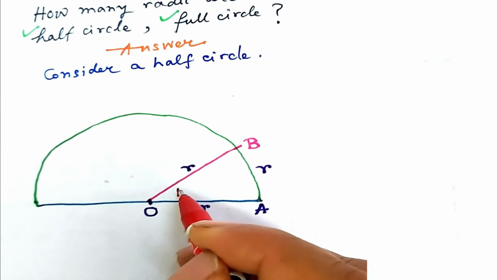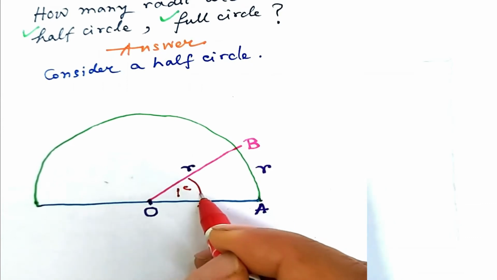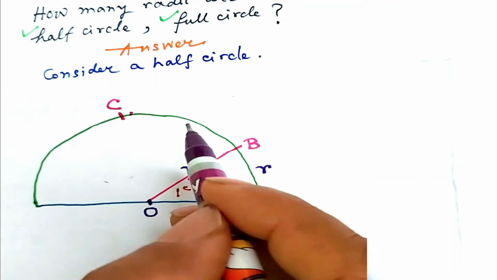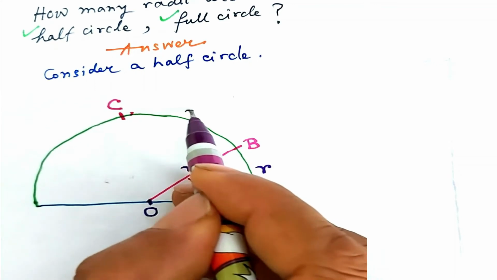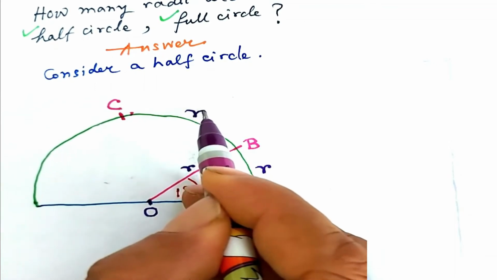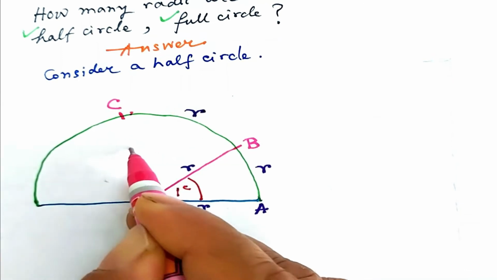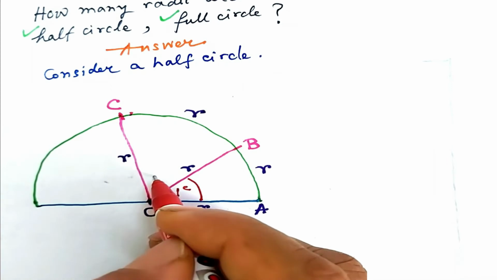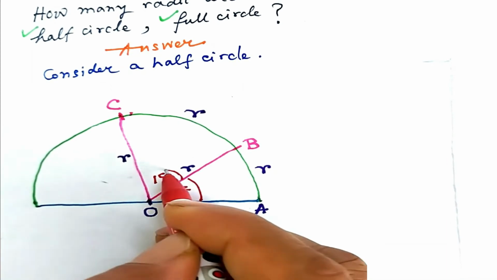So this angle AOB is 1 radian. Let us mark this point as C such that arc length BC is the same as the radius R. Join OC, which is R, the radius. So this angle BOC is 1 radian.